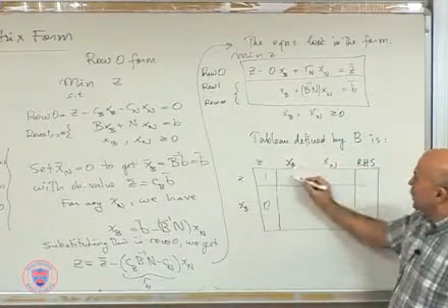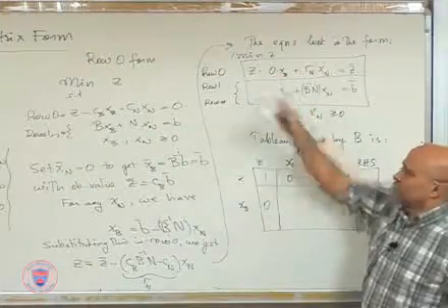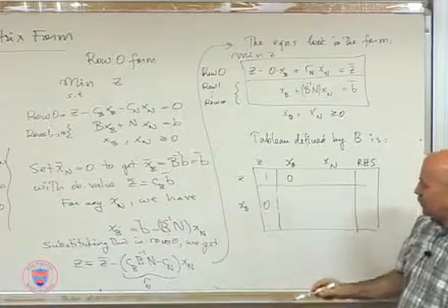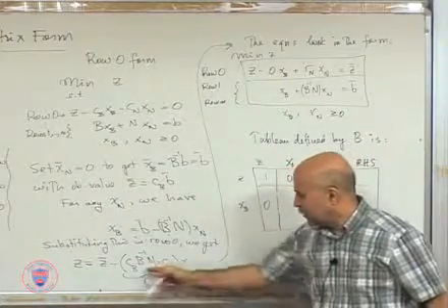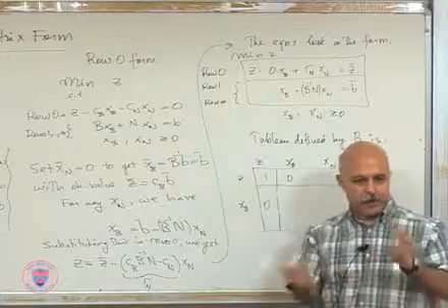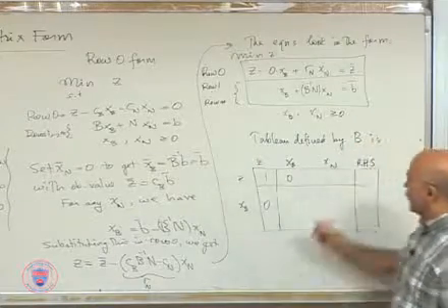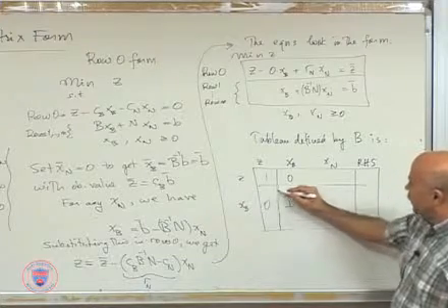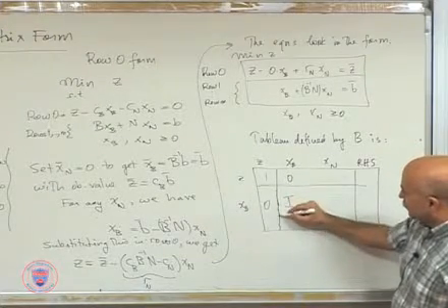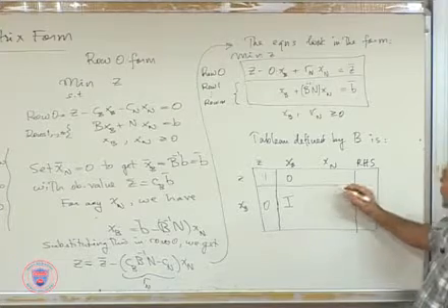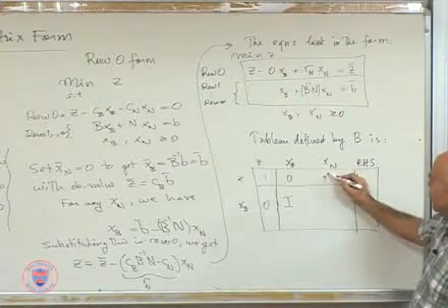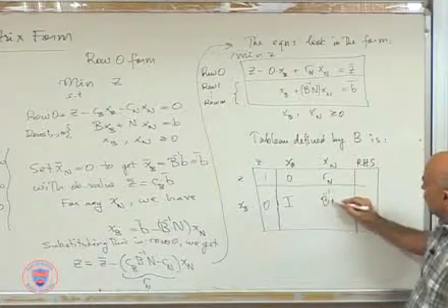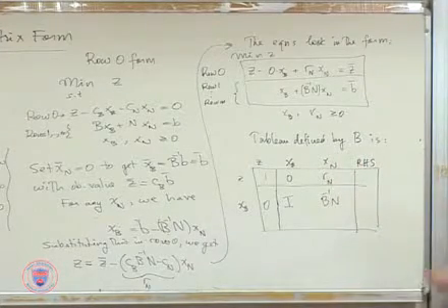xB has a row vector of zeros in row 0. See, you don't have xB here, which means it's 0 times xB. Okay? Plus, you've got identity for the rest of the rows. xN has RN, and you've got B inverse N here for that one.